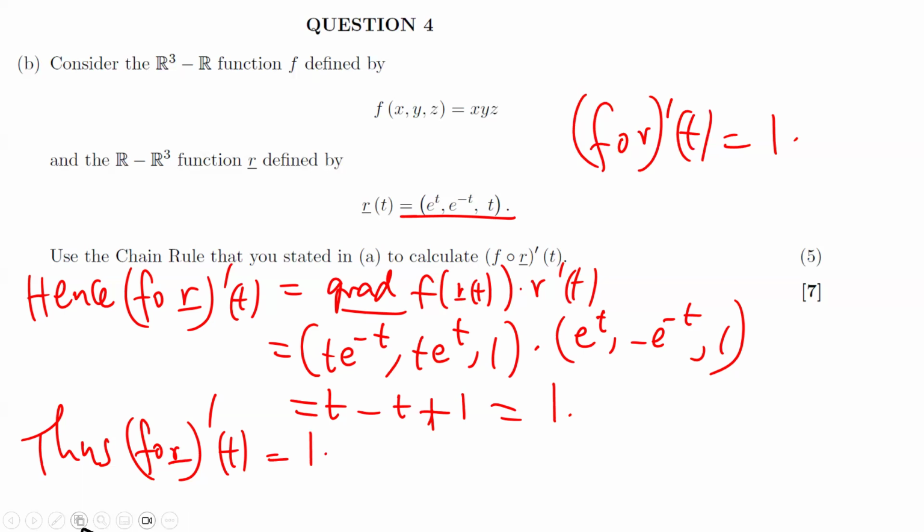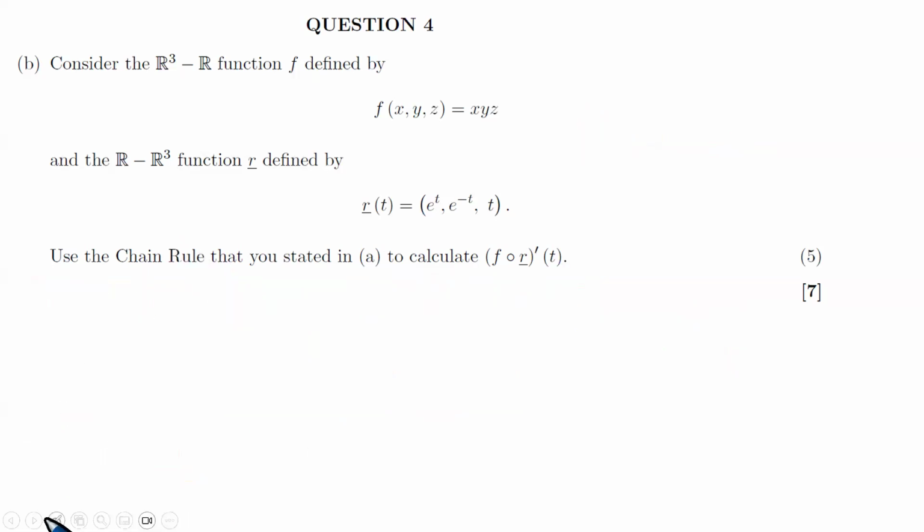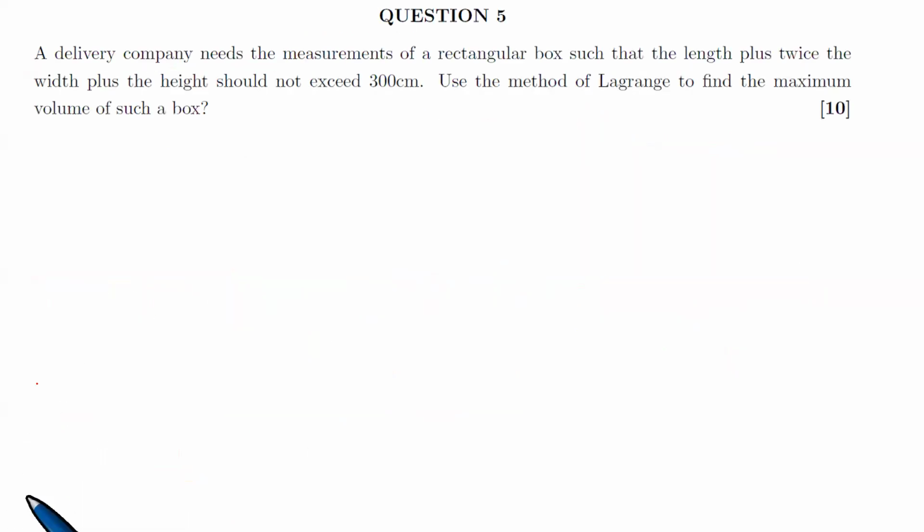All right, the next thing we are moving to is Lagrange. You must also learn optimization. Optimization is a very important part of this module, so it's something you need to understand.